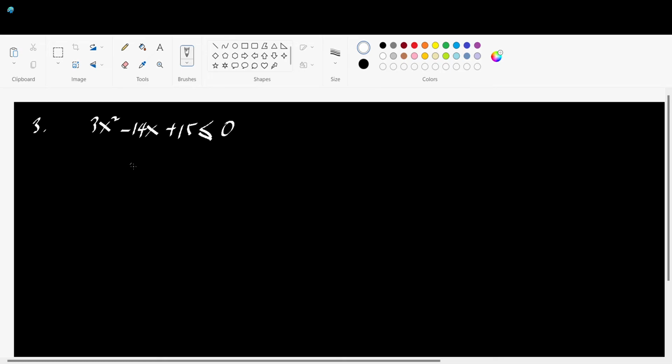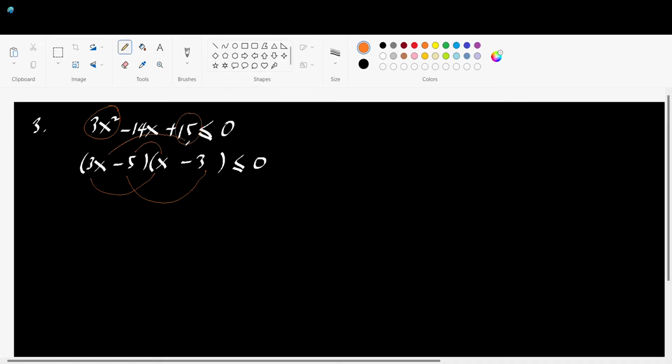And I think it is factorable into, let us see, what are the factors? 3x and x, and then that could be negative 5 and negative 3 less than or equal to 0. So we check. 3x times x is 3x squared. Negative 5 and negative 3 is positive 15. Negative 5x and negative 9x is negative 14x. So we have the correct factors.